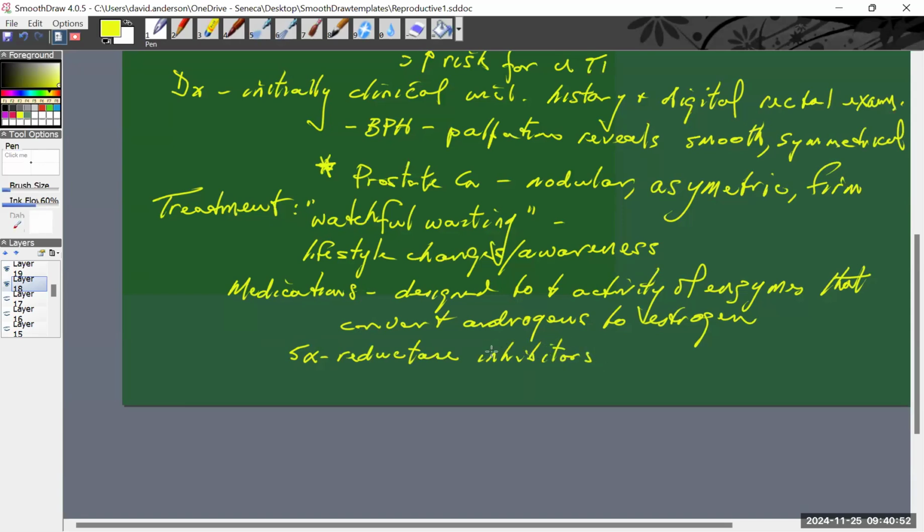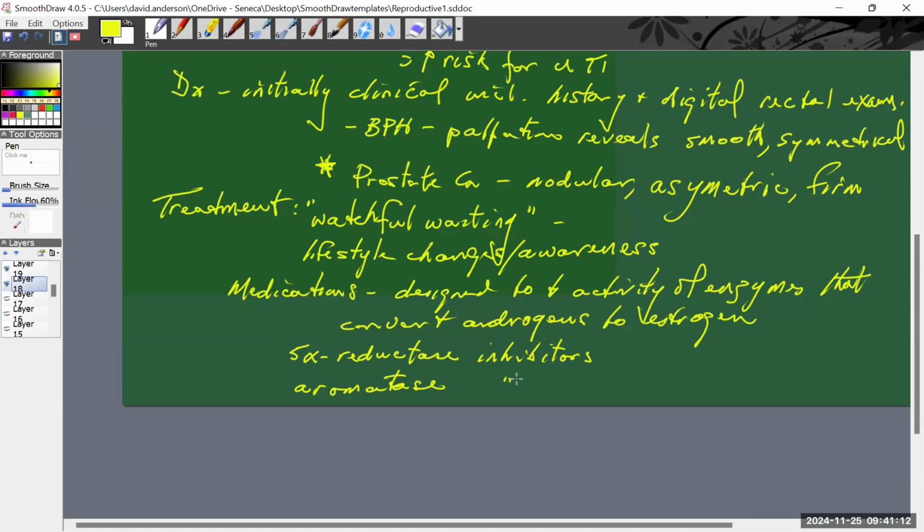And there's some other examples. The other big enzyme that's involved here is an enzyme called aromatase. And there are medications that are known to be aromatase inhibitors as well. So those are the two big families of enzymes that will convert androgens to estrogens.